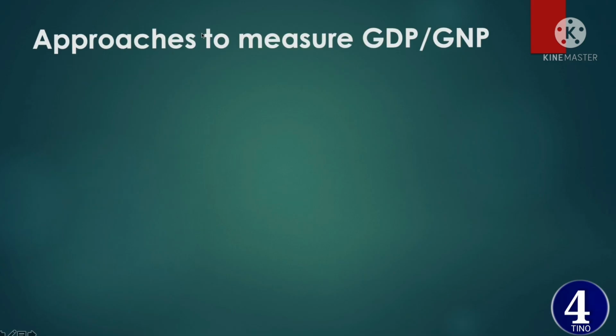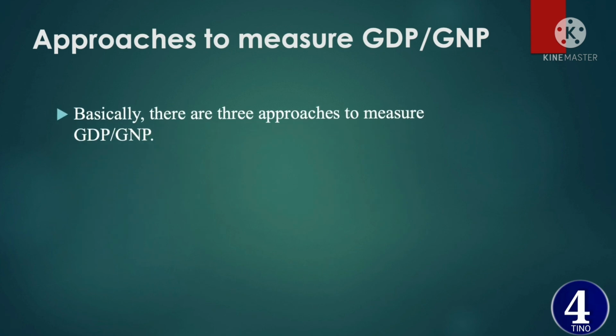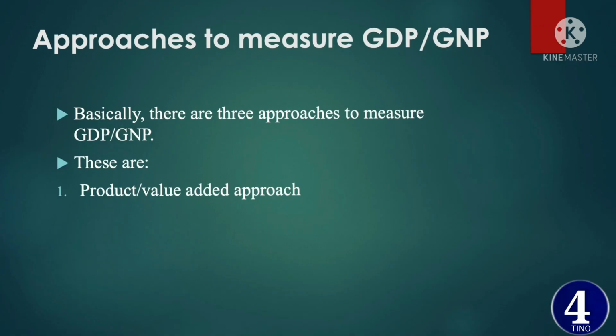So how many approaches do we have to measure GDP and GNP? By definition, we have 3 approaches. The first one is the product approach. We will consider the production, the output, only we will count the output produced in a country.